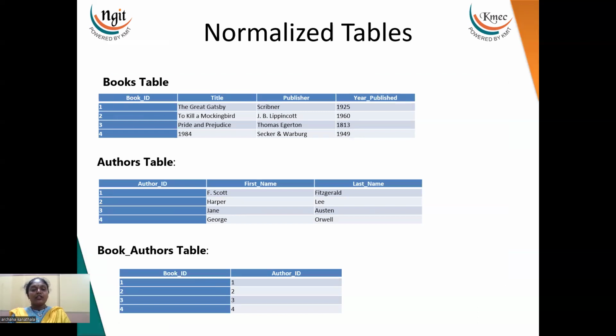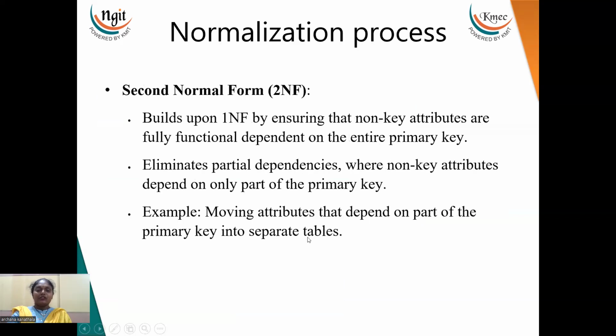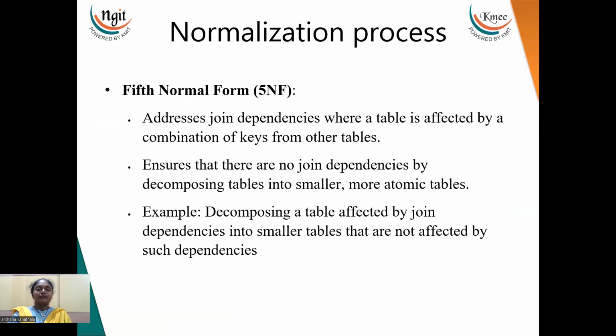It is trying to relate or establish a link from the books table to the author table. So both the tables have all the minimum information as part of it. So now this will be the end of the normalization process.